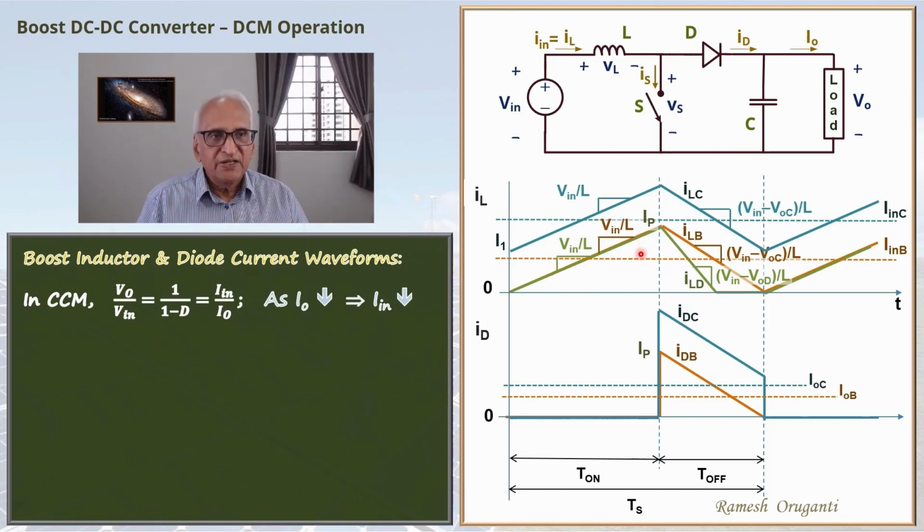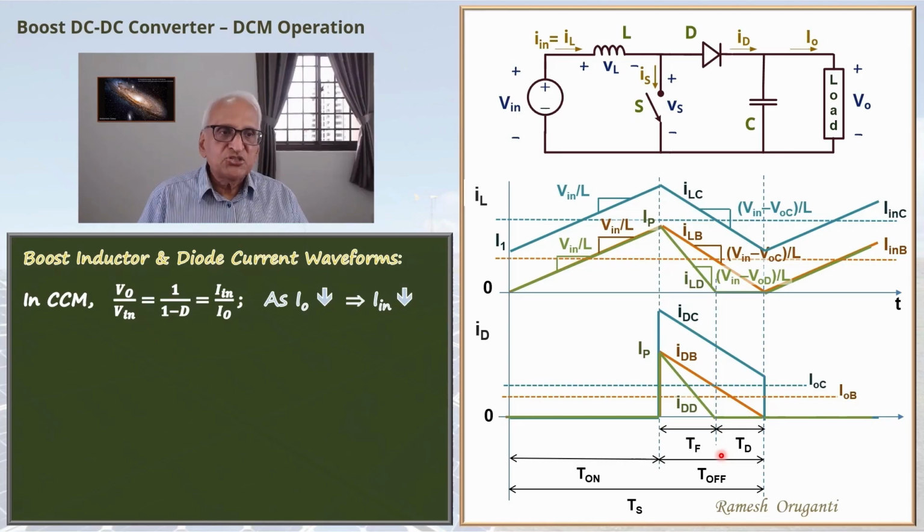This part of the inductor current I_LD is the diode current as before. The inductor current I_LD comes to 0 before the end of the T-off interval. That interval is the current fall interval T_F. And this interval, when the diode current is 0 and the switch is also off, is the T_D discontinuous interval, as we saw before.